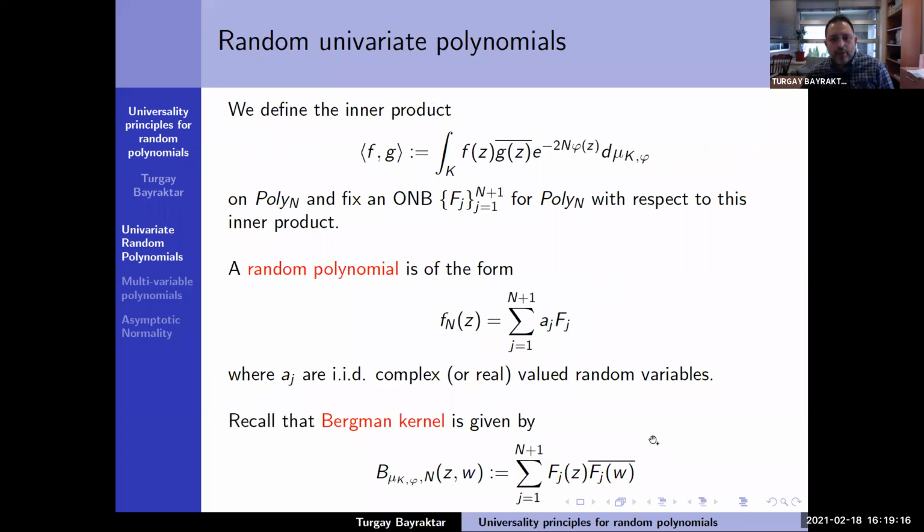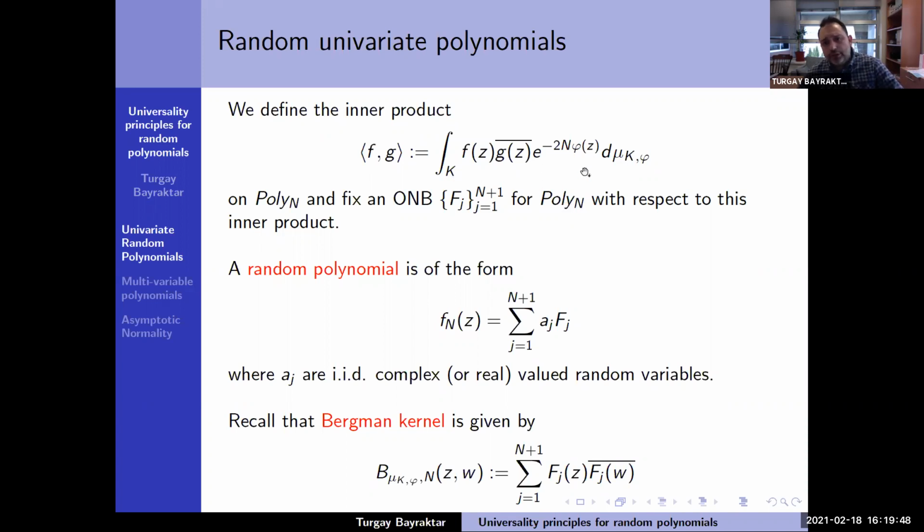Okay, now the inner product on the polynomials will be of this kind. You take f and g bar, you have a weight here, and you integrate with respect to this weighted equilibrium measure. This allows you to choose an orthonormal basis for the set of polynomials. Here, I just assume that K is a closed set.